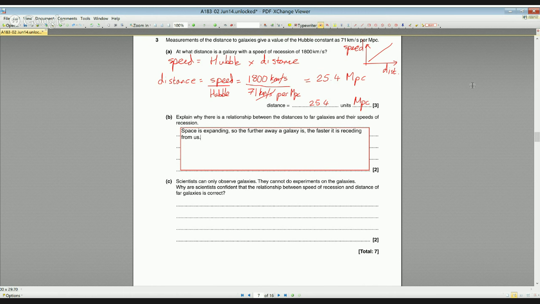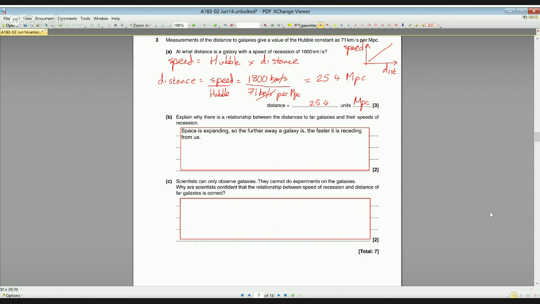Part C, scientists can only observe galaxies. They cannot do experiments on the galaxies. They're obviously far too far away. So why are scientists confident that the relationship between speed of recession and distance to far galaxies is correct? Now, again, this is another sort of how science works question. Rather than drawing on your knowledge from the specification, it's your knowledge and understanding of how the scientific process works. Well, there is a large amount of data, and all of that supports the relationship.